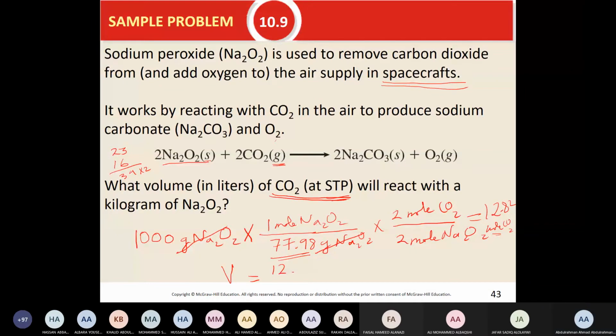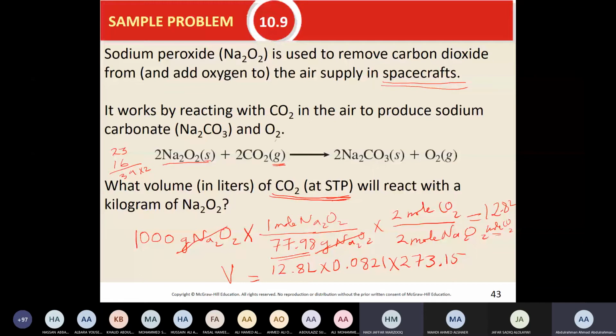12.82 mole multiplied by 0.0821. What's this number? Gas constant. And then what's the temperature? Zero Celsius, which is 273.15.